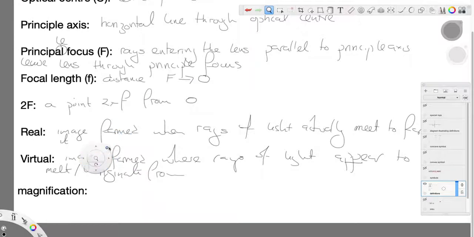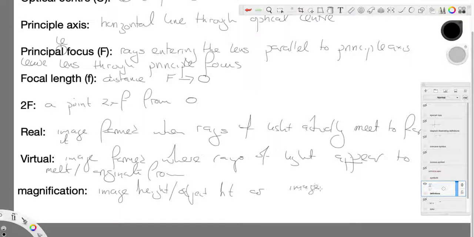And finally then, magnification would be your image height, how big your image is, divided by your object height. Or image distance, how far the image is from the lens, over object distance.